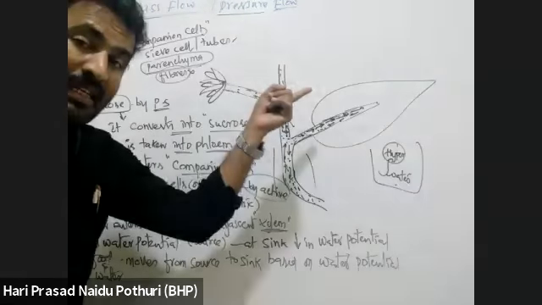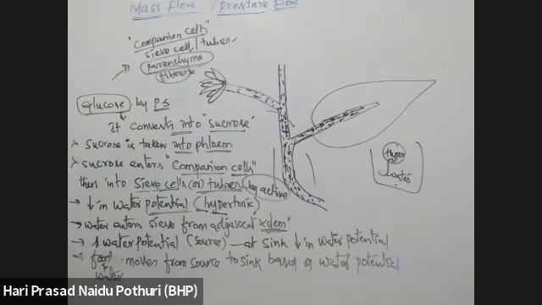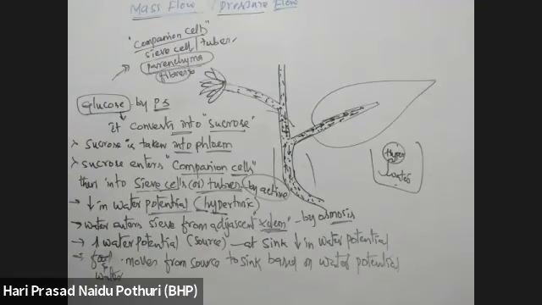At the sink, there is less water potential, and due to that difference there is movement. This is what takes place. Water enters the sieve elements from the xylem by osmosis.